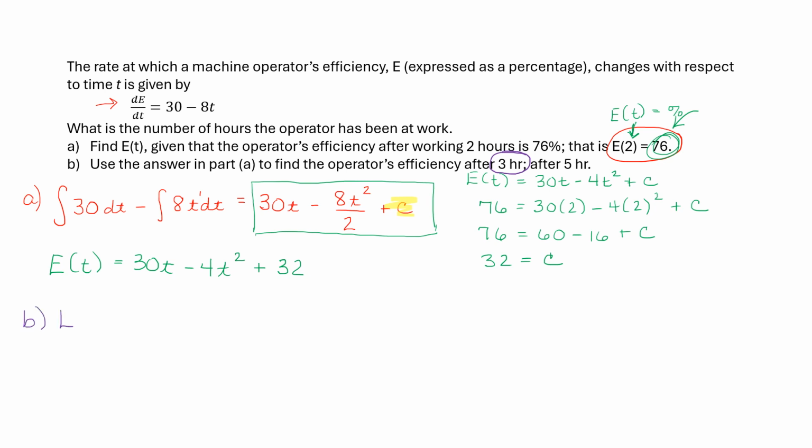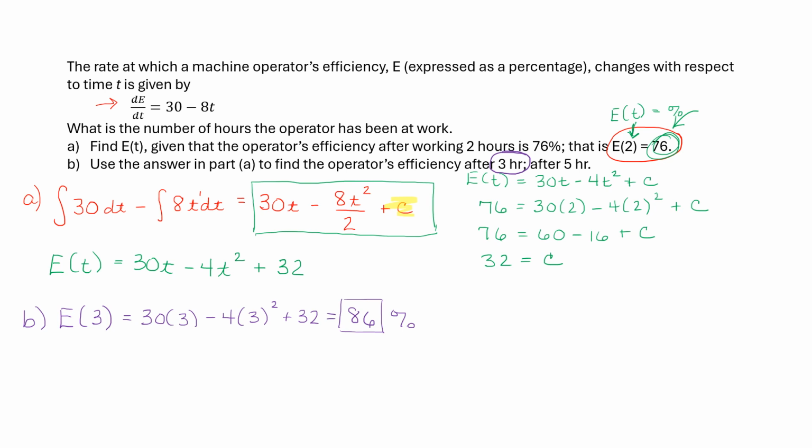So all that means is we're going to substitute 3 for t. And that will give us 86. And you'll see in Pearson that our percent symbol is beside it.